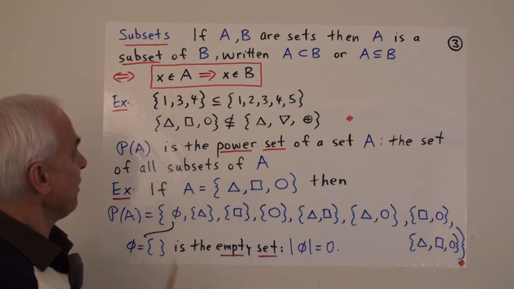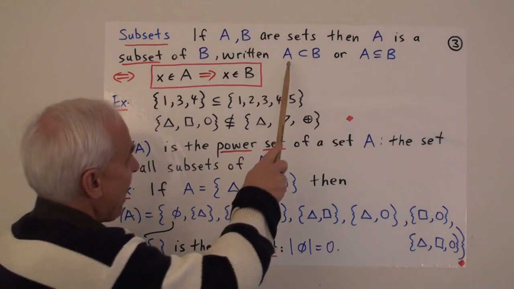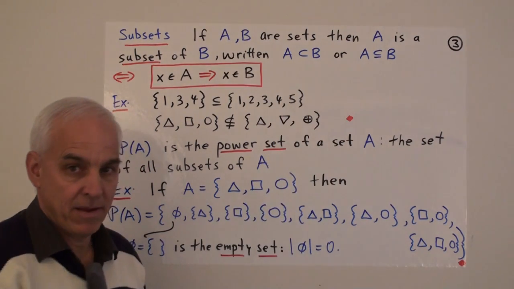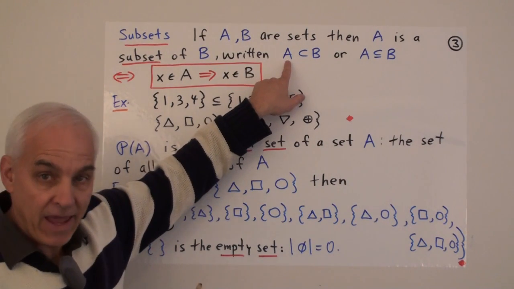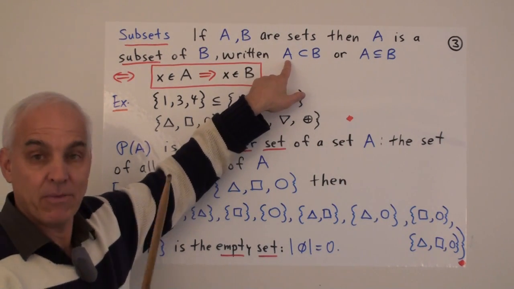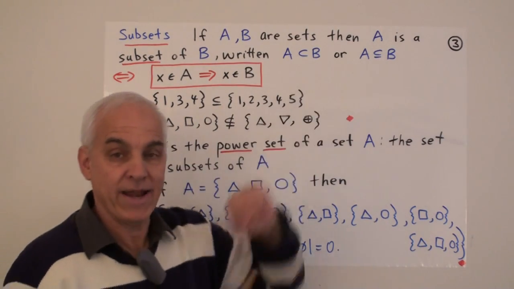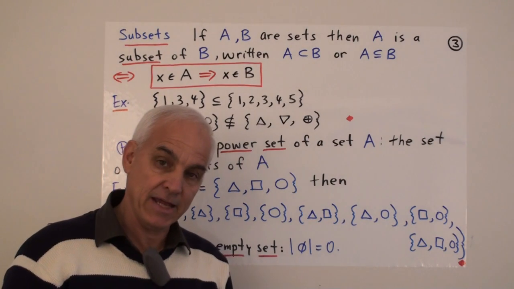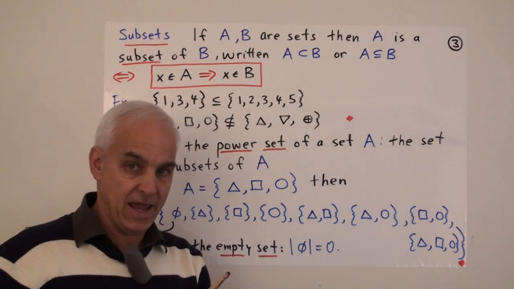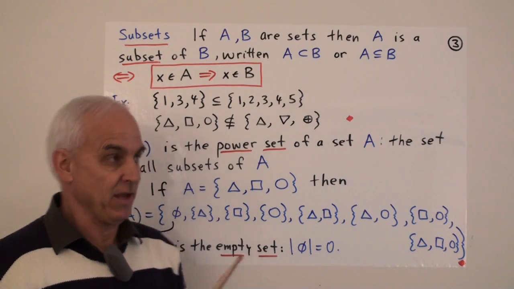More informally, we say that A is a subset of B if whenever we choose an element of A, that element that we chose is also an element of B. Another way of saying it is that all the elements of A are elements of B.